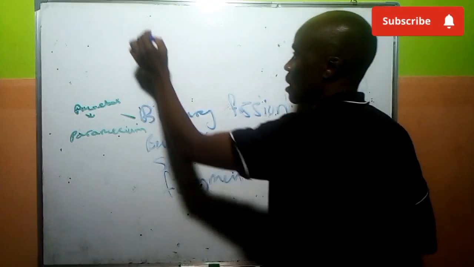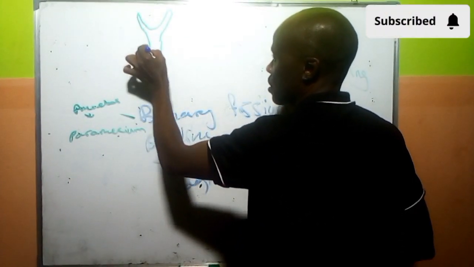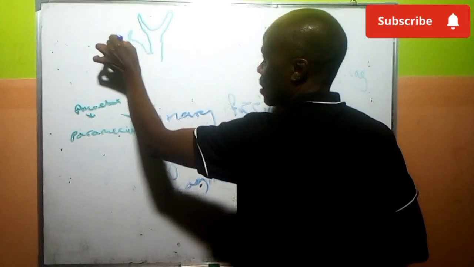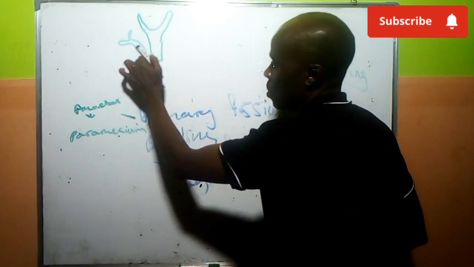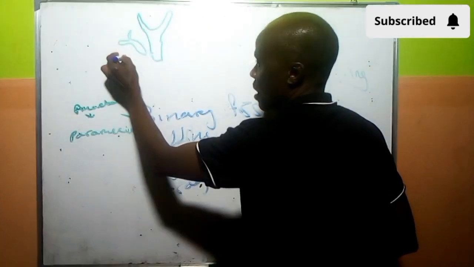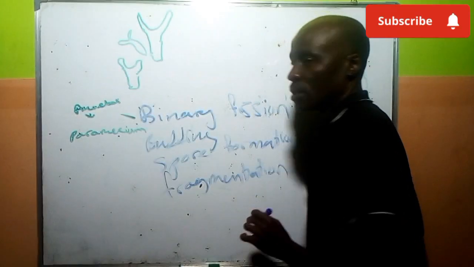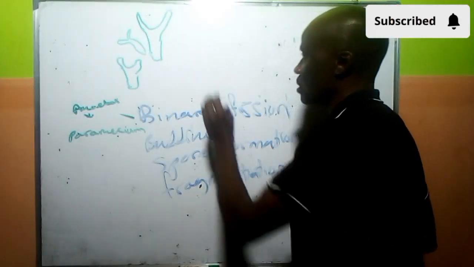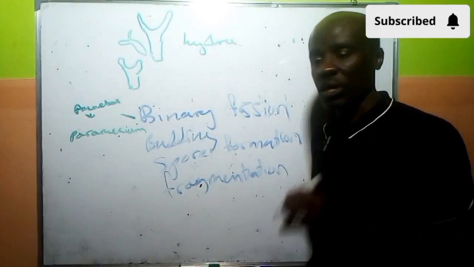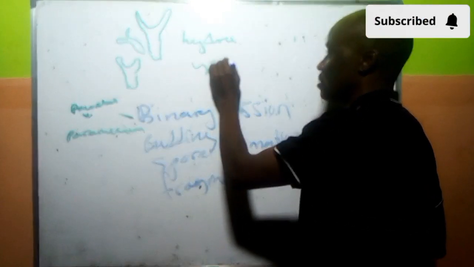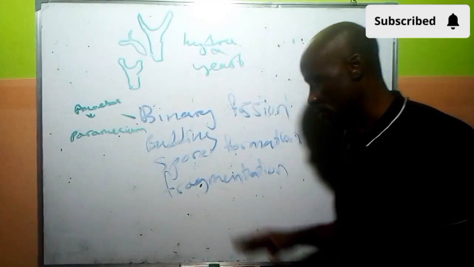I believe the drawing can make it easier. For example, this is a Hydra, a little sketch of it. The Hydra will just develop another Hydra body from it. After some time, this will grow and then cut out from here, and then start its own life. Another place you can see something like that is in yeast. These are the two organisms where you can see budding.